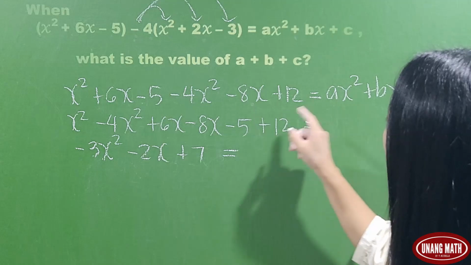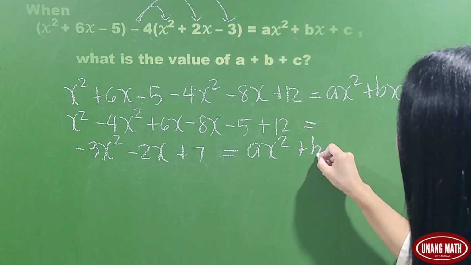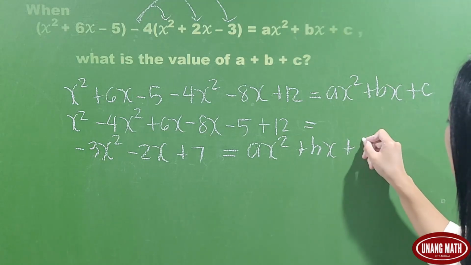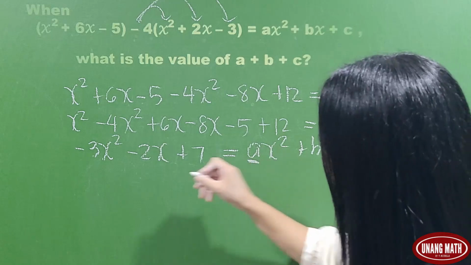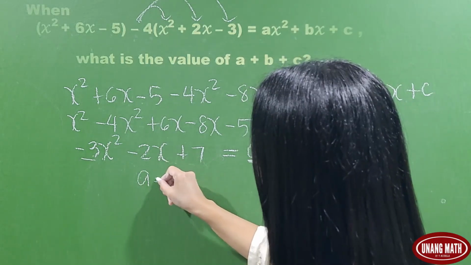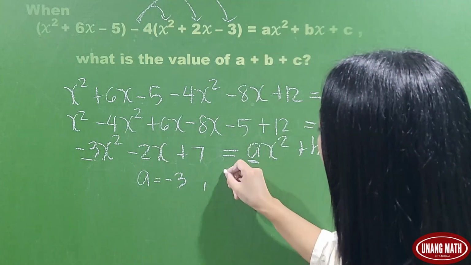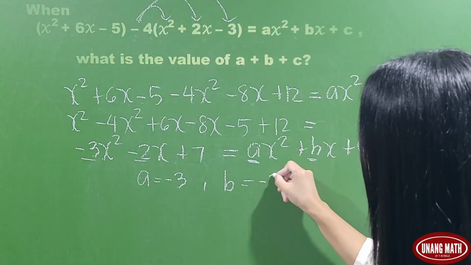So negative 3x squared minus 2x plus 7, and this is equal to ax squared plus bx plus c. It means that the value of a is negative 3. So a is negative 3. What about b? b is negative 2.